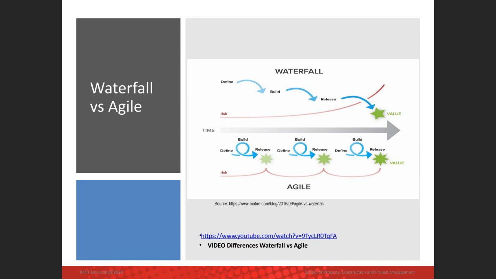Now, if you think about your case studies for 2A, 2B, and 3, would they have been suitable to use Agile, or would they have been something that you would have preferred to use for your particular case study? What do you think?